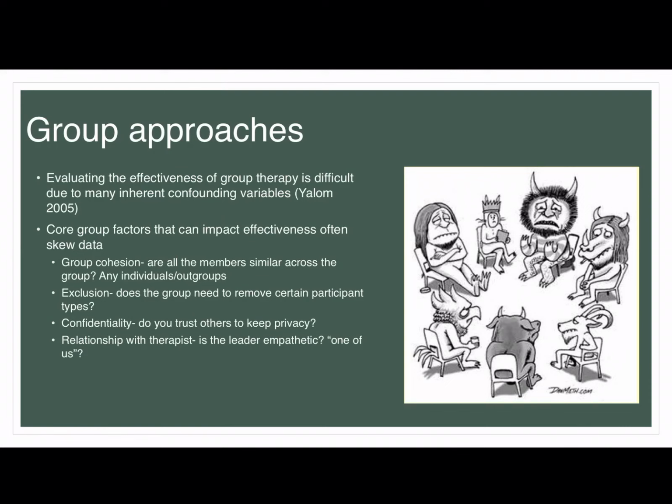Sometimes with good group cohesion, you need the therapist to be that outsider to help regulate things, versus sometimes you need a more empathetic leader who's one of us because it helps us feel less excluded and helps us believe in that confidentiality. These variables all impact how effective we think the therapy will be in the long run, and it's something we need to look at whenever we evaluate studies done on group therapy effectiveness.